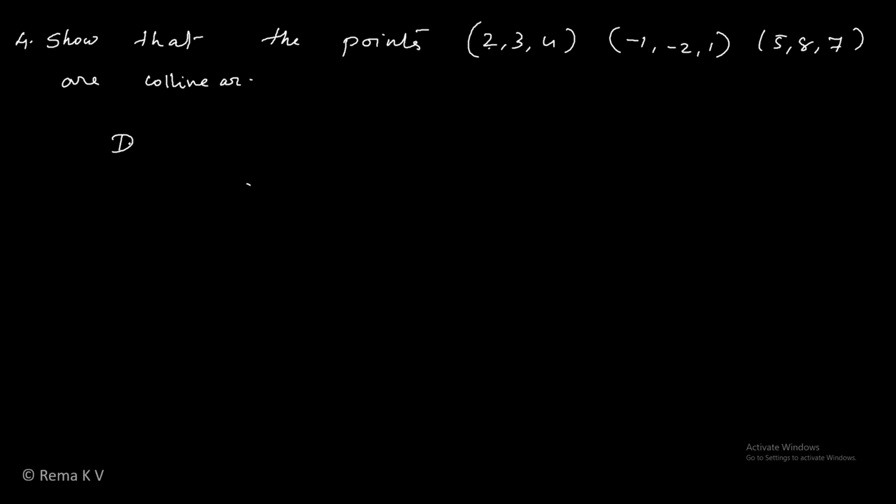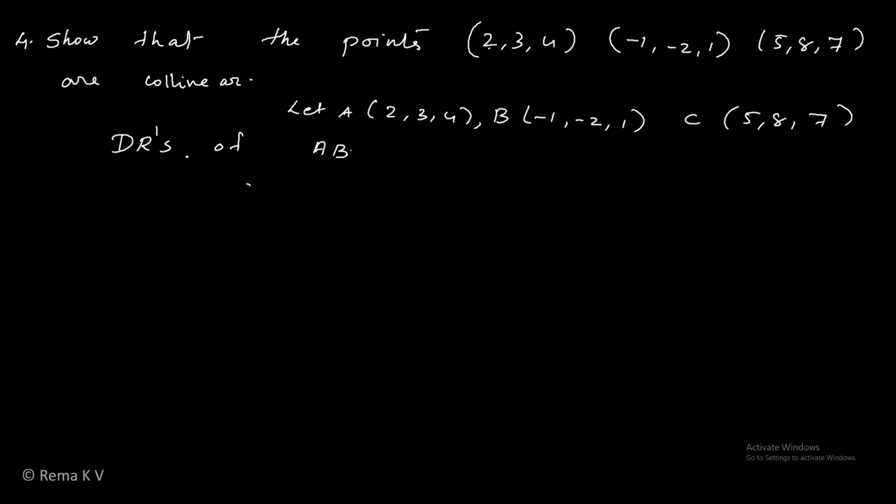See, here we are going to write the direction ratios of AB. Let A be the point 2, 3, 4, then B minus 1, minus 2, 1, and C 5, 8, 7. Let us write the direction ratios of AB. How can you find the direction ratios of the line joining A and B?